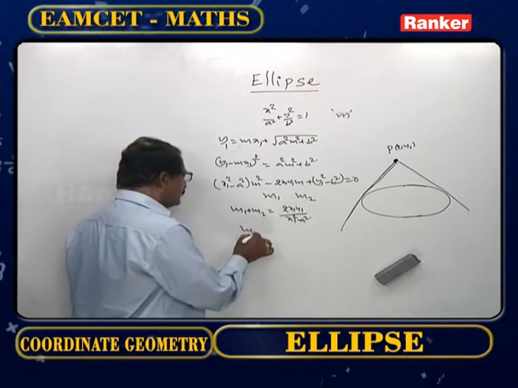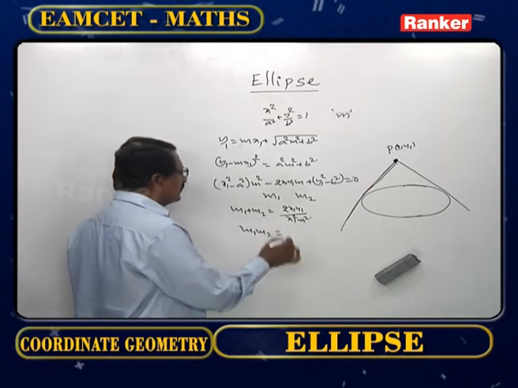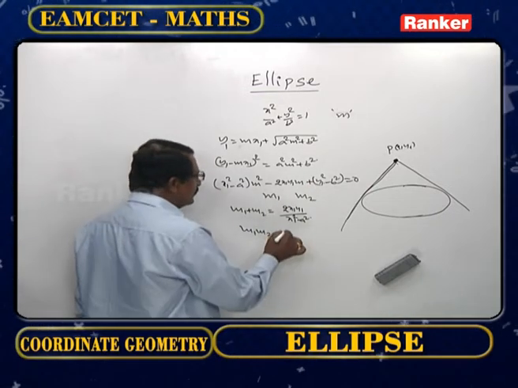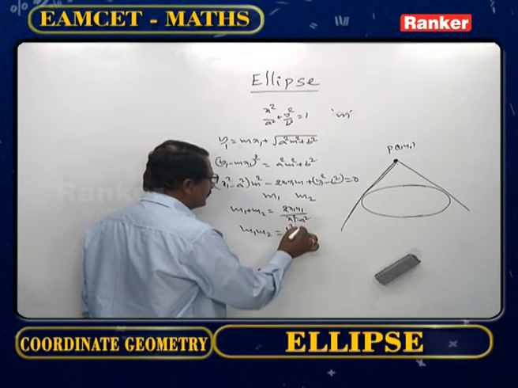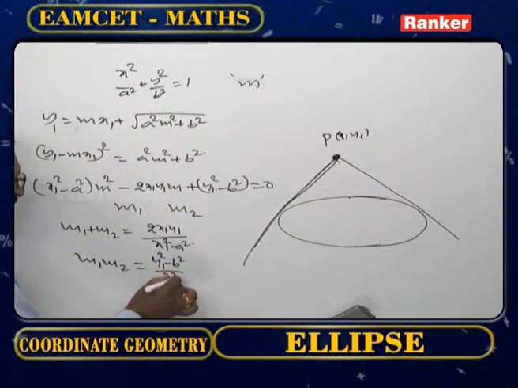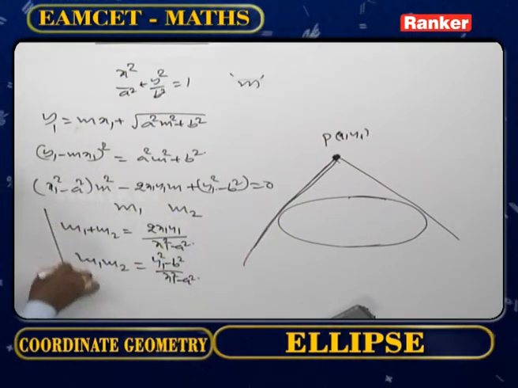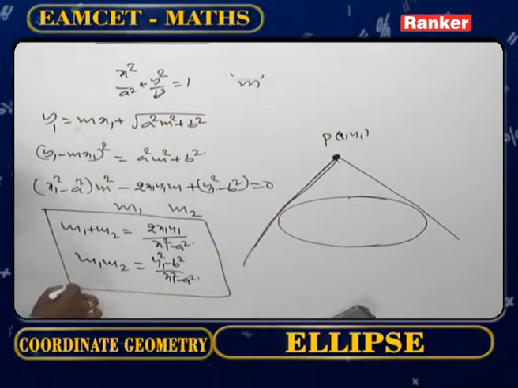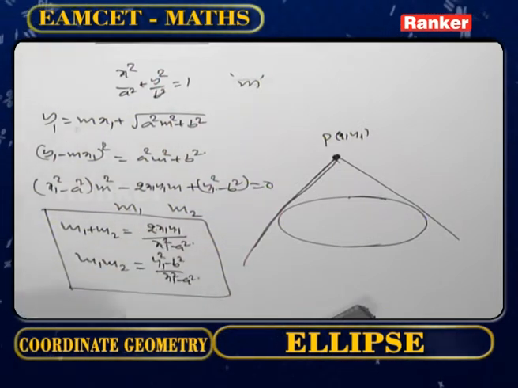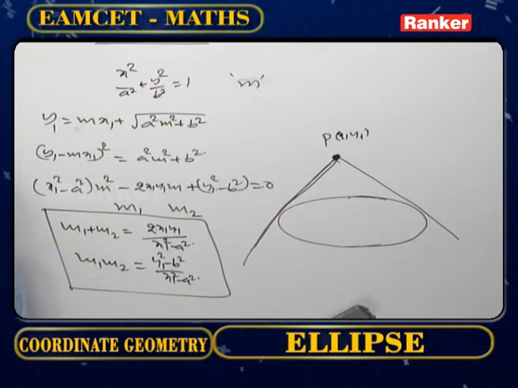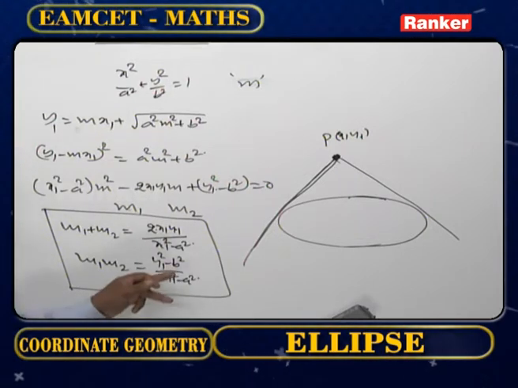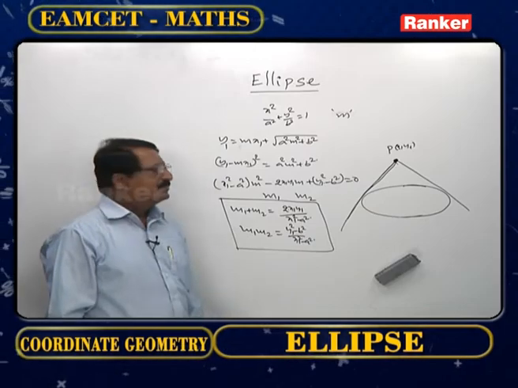Similarly, the product of roots or product of slopes equals c by a, that is, y1 square minus b square by x1 square minus a square. Now the sum of slopes equals 2x1 y1 by x1 square minus a square, and the product of slopes equals y1 square minus b square by x1 square minus a square.